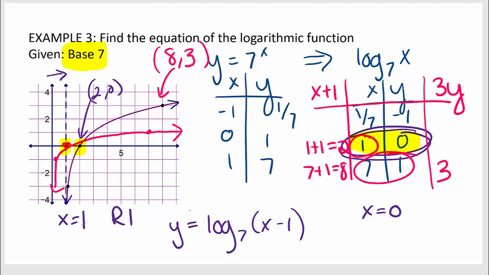If we take that middle coordinate again, we multiply the 0 by 3, we end up getting 0, which is the coordinate (2, 0), the one that we already identified. Meaning that we have a vertical dilation of 3. When we put that into our equation, it goes right in front of the logarithm, so on the outside of the parent function.